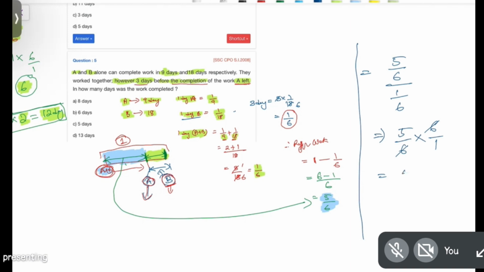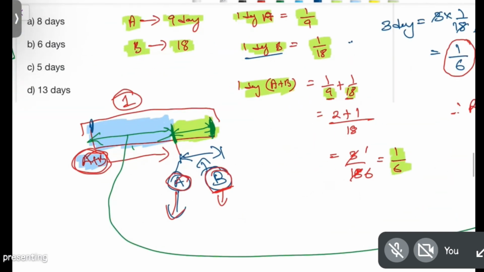We have 5 days. This is not the answer, but why? From this point till this point they are taking 5 days, and from this point till this point, from the question itself, they are saying 3 days. So 5 days plus 3 days will give you 8 days. That was the answer.